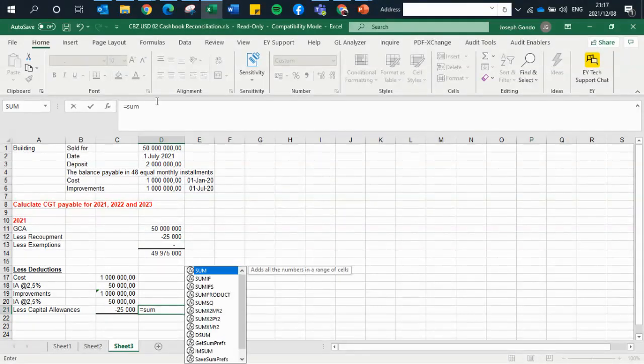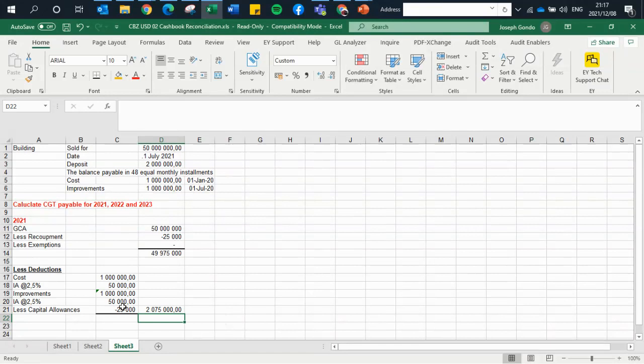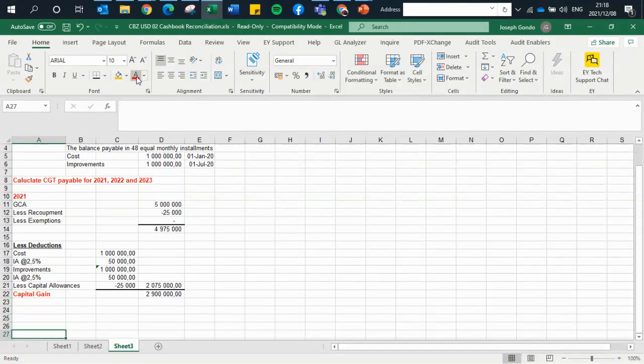So we're going to say sum of all this. It was supposed to be 5 million, not 450 million. Okay. So this will be our capital gain, like this.